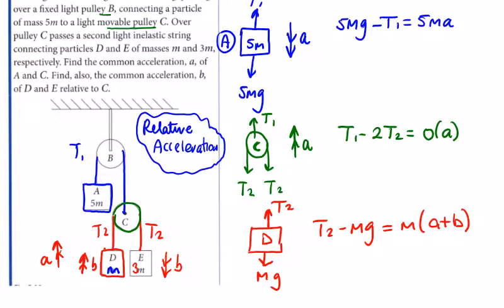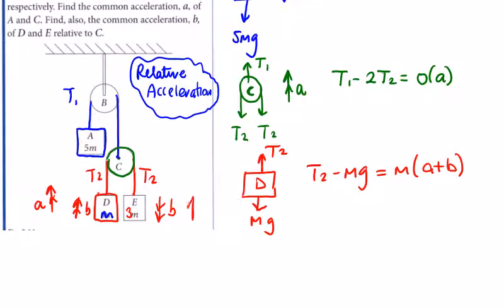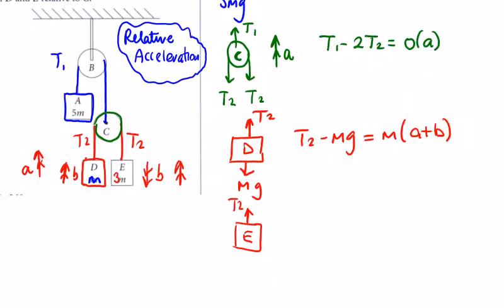And if we go on to E, it is going up with acceleration A. So I've got E. I've got T2 attached. I've got my acceleration. I'm going up with A, down with B, and I've got my 3mg. So it's going down and up. That's possible.